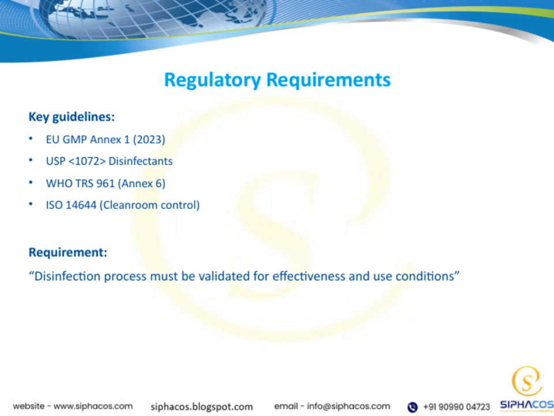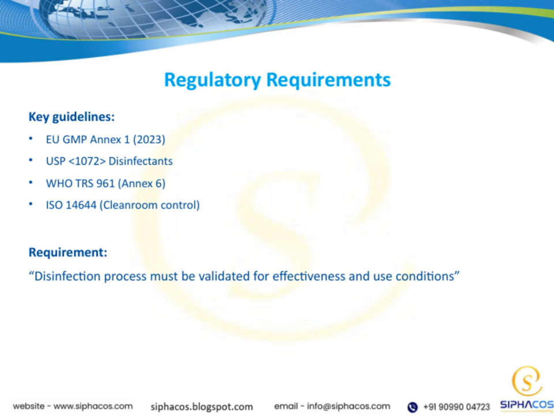The WHO TRS 961, particularly Annex 6, also plays a crucial role by outlining international standards for contamination control, including disinfection procedures. And we can't forget ISO 14644, which focuses on cleanroom standards and controlling airborne contamination.